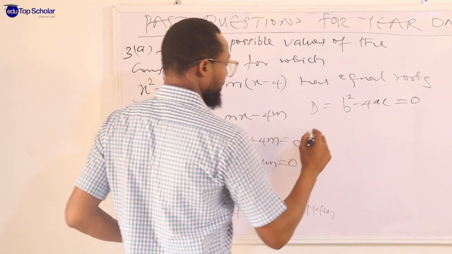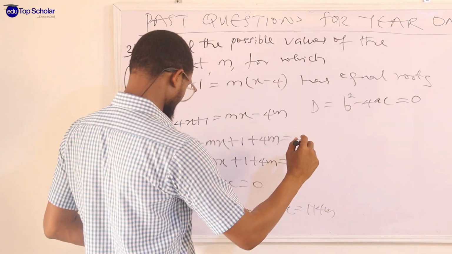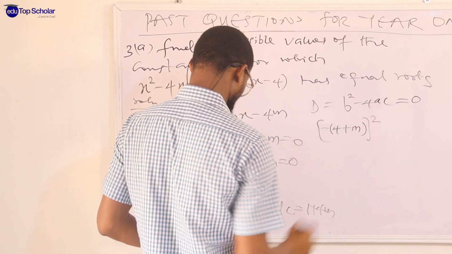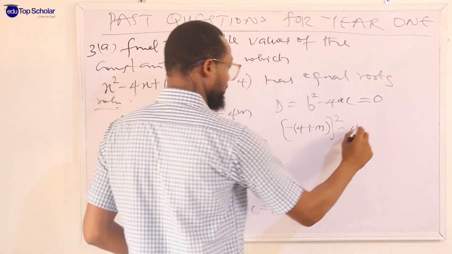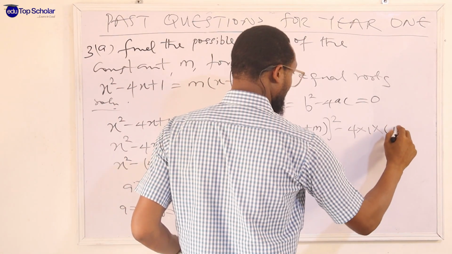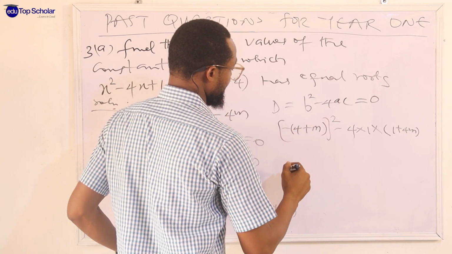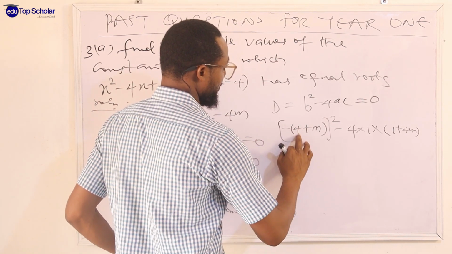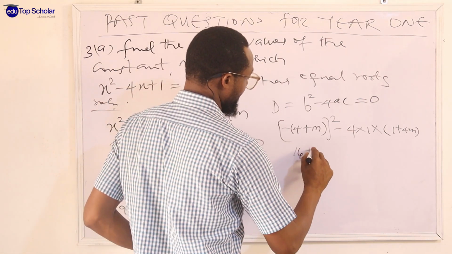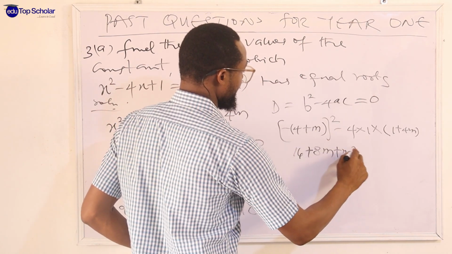Therefore, b squared minus 4ac is equal to minus 4 plus m, all squared, minus 4 times 1 times, what is our c, 1 plus 4m. So the square will give us 4 multiplying 4, we have 16. 4 by m is 4m, plus 4m, that will be 8m, plus m by m, which is m squared.